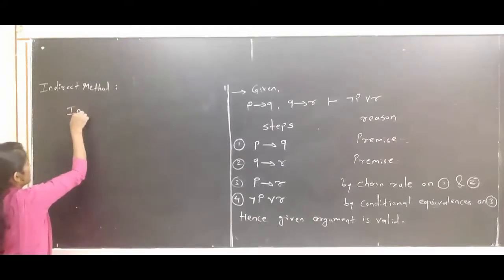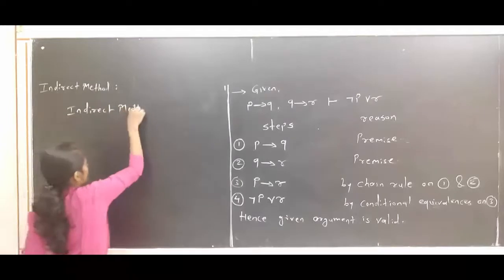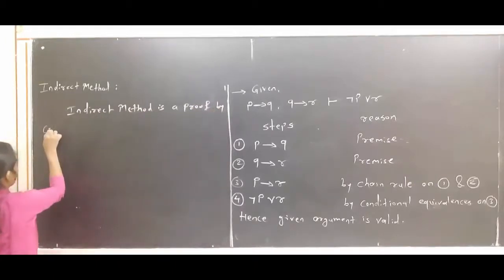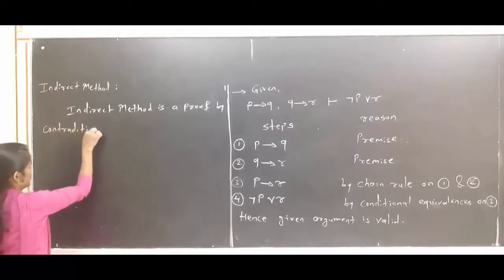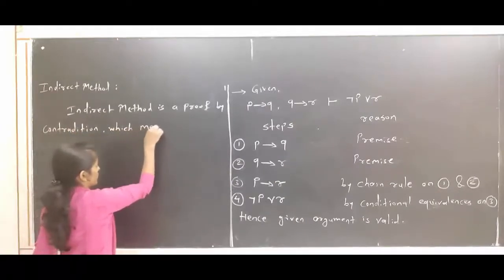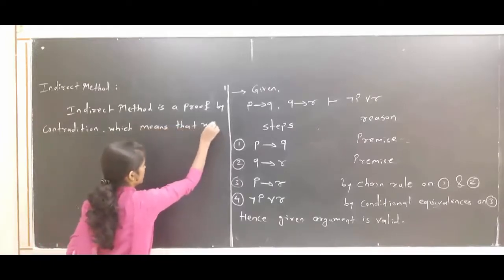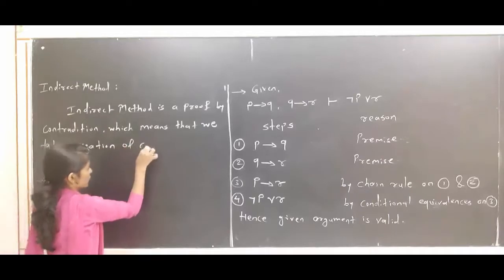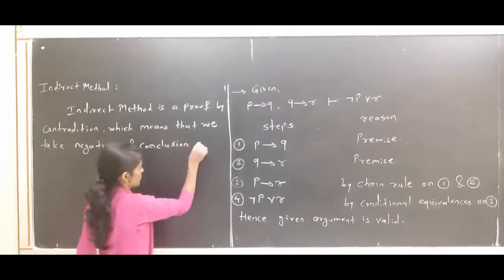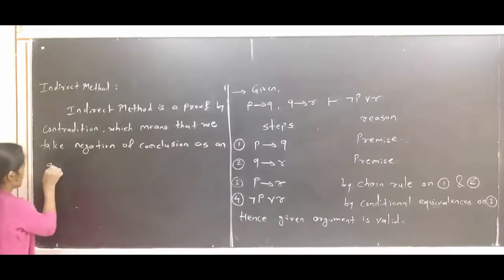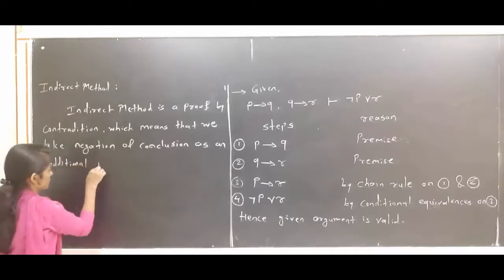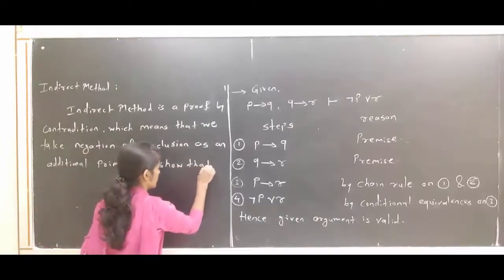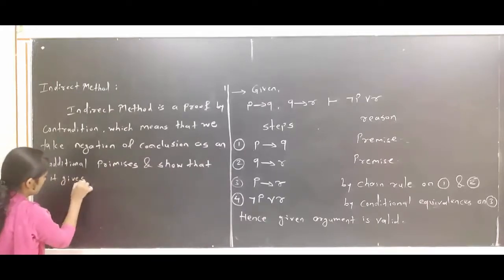Now next method, indirect method. Definition: indirect method is a proof by contradiction, which means that we take the negation of the conclusion as an additional premise and show that it gives a contradiction.